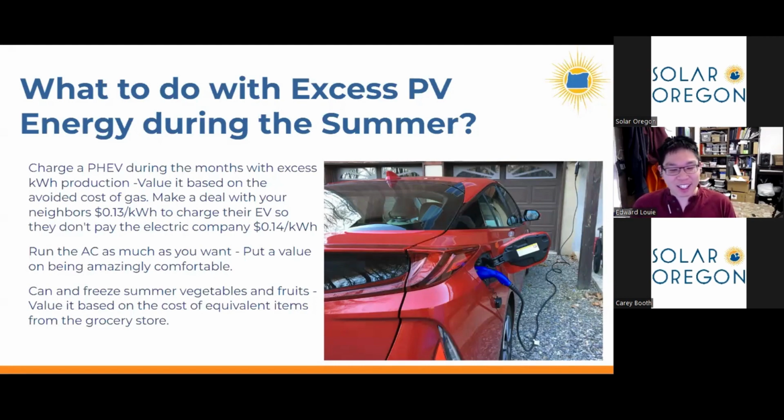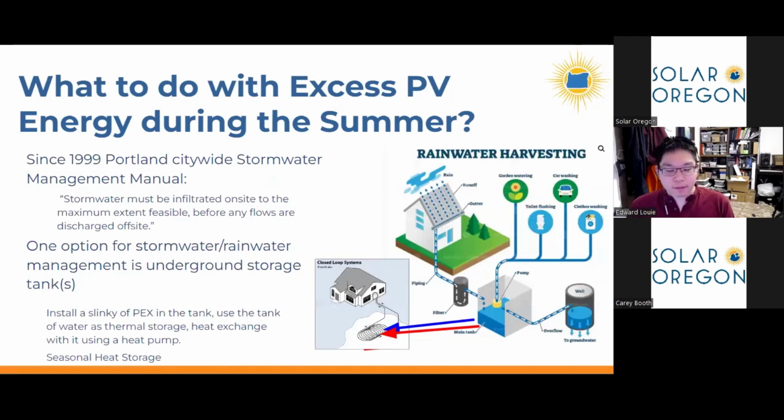And then next slide. And then here's a pretty new concept. At the Pacific Northwest National Lab, I'm leading a research project to really understand more about the viability of this concept.